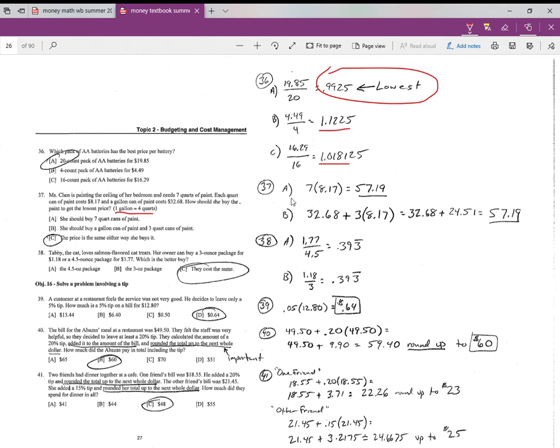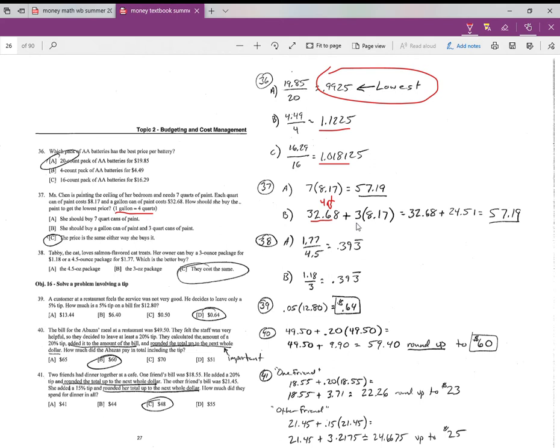So one way you could do it is just buy 7 quarts. They cost $8.17 a piece, so it costs $57.19. The other way you could do it is you could buy the gallon, which is 4 quarts.